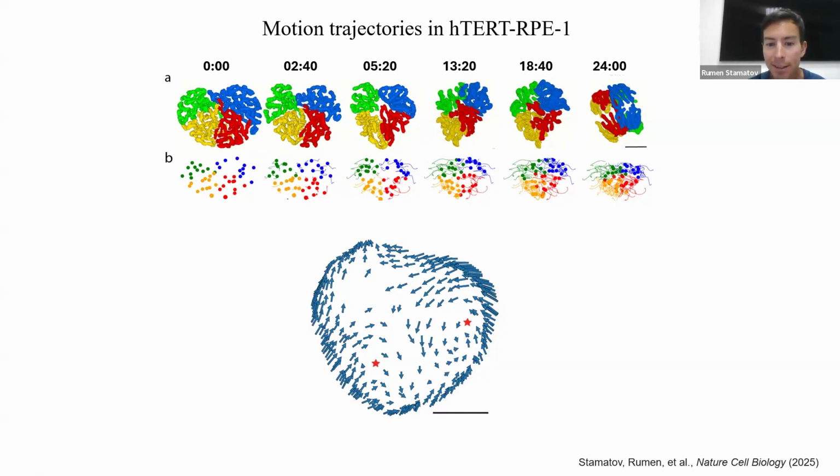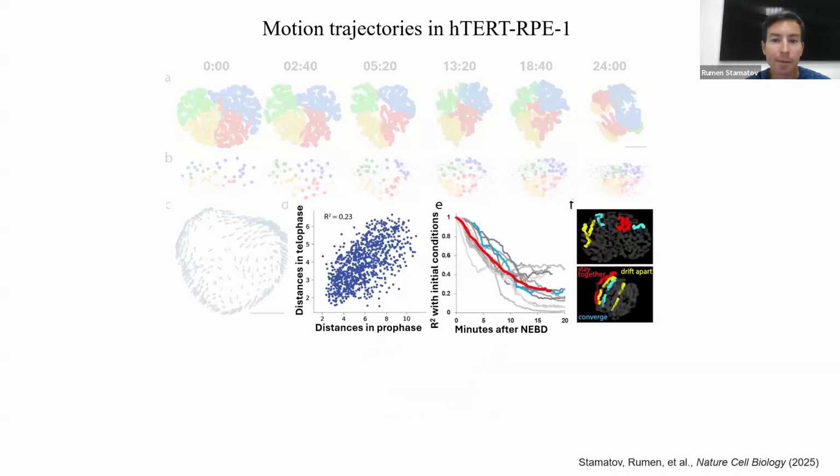So these red asterisks are actually the centers of these vortices. So the chromosomes on each side, we can predict their motion just by looking at their position. So the ones on the right and the ones on the left rotate in different direction once the cell enters prometaphase.